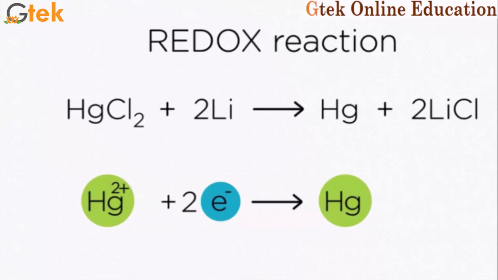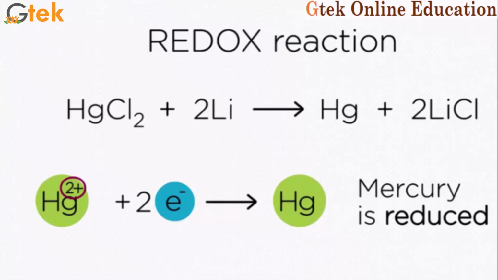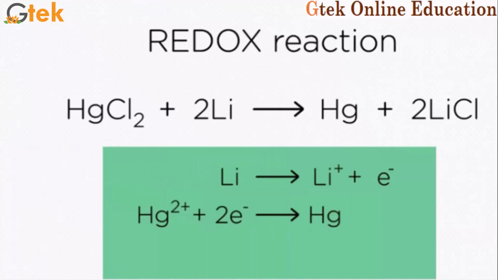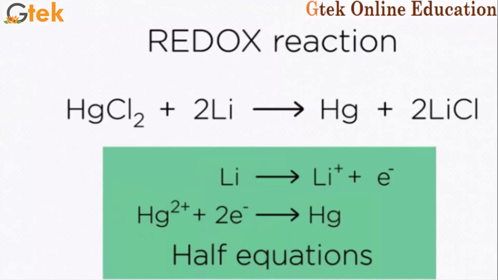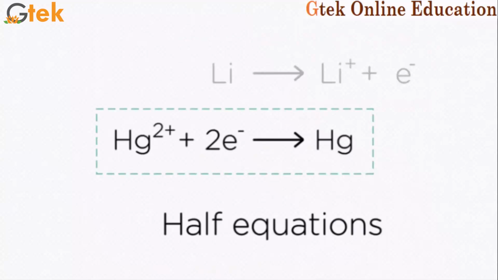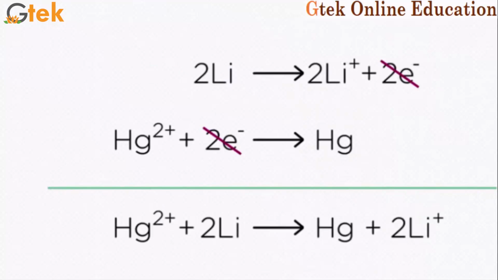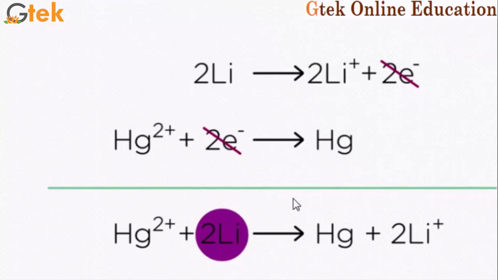Whereas mercury Hg2+ became Hg, so mercury is reduced. So we will take both the reactions and manipulate them. So we got this final result: 2 lithium become 2 lithium plus.